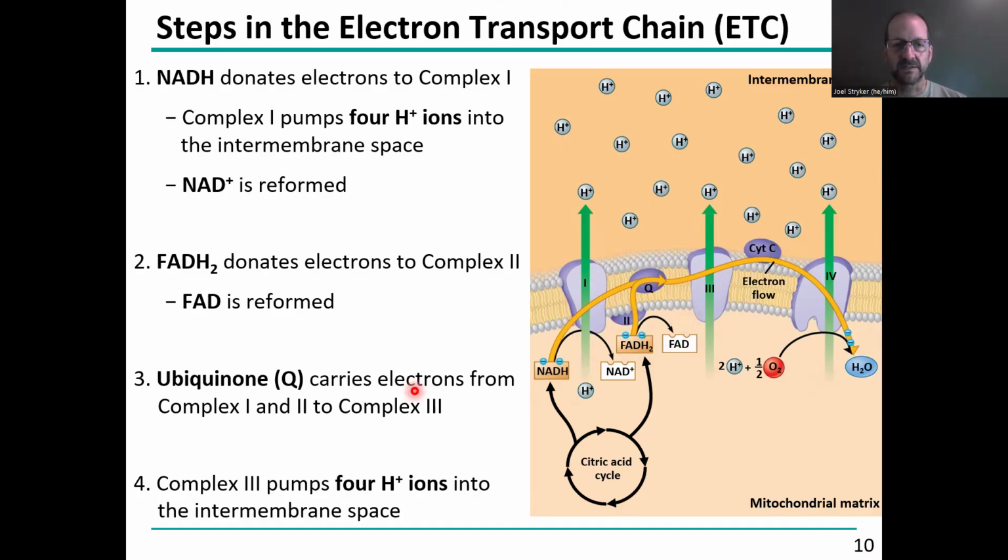I'm going to skip most of these, like ubiquinone. It's okay if you don't remember that. But it transfers over to complex 3. Complex 3 will pump 4 hydrogen ions out. So now you're getting hydrogen ions pumped from all the electrons, whether they came from NADH or FADH2. You're getting some protons or hydrogen ions pumped there.